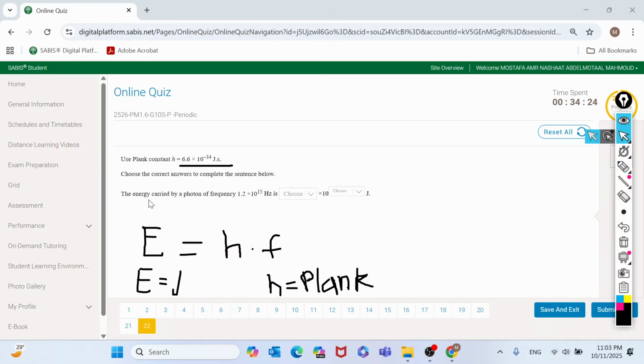So h times f gives you the energy, and they want the energy. So you just multiply 6.6 times 10 to the power of negative 34 times 1.2 times 10 to the power of 15.